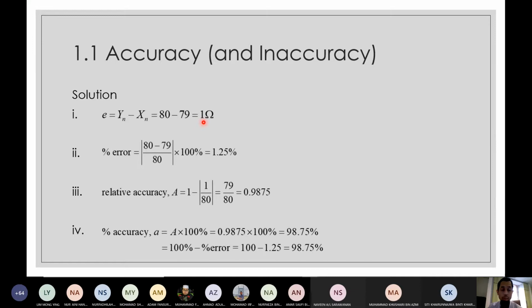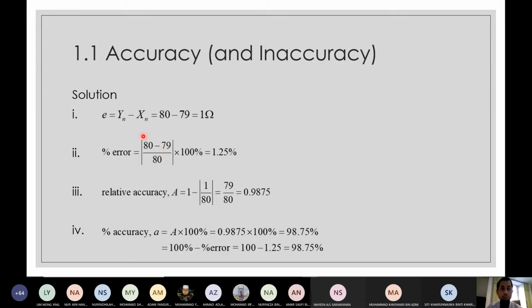Okay. And then for the percent error, we have 80 minus 79, we divide by the expected value 80 and then we multiply by 100% to get 1.25%. If your expected value is lower than your measured value, let's say you have 79 minus 80, then you get minus 1.